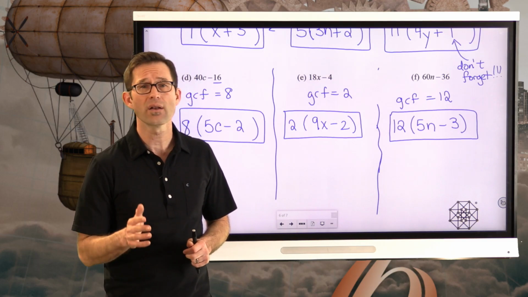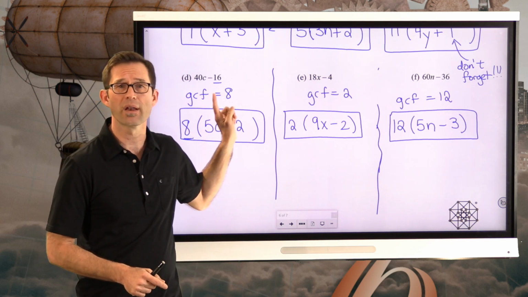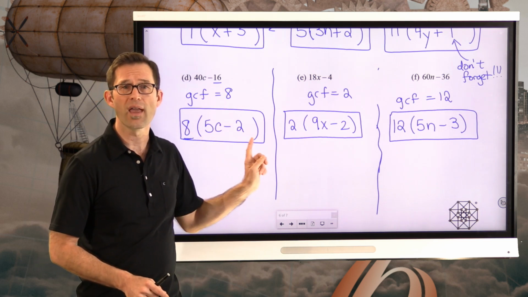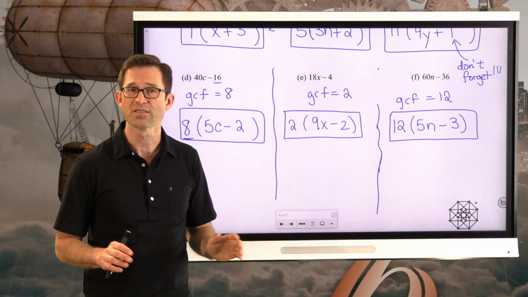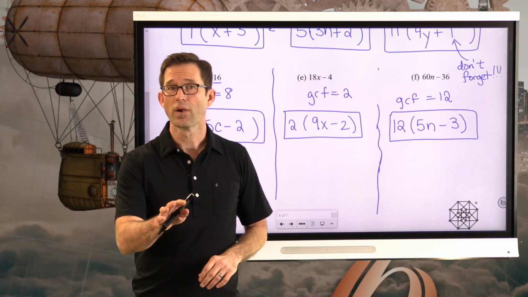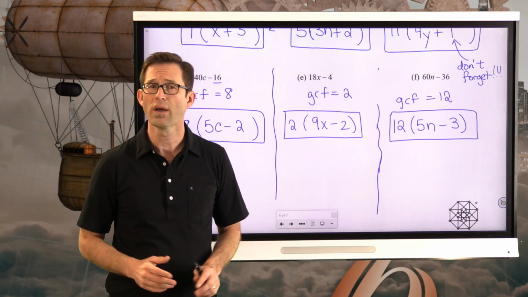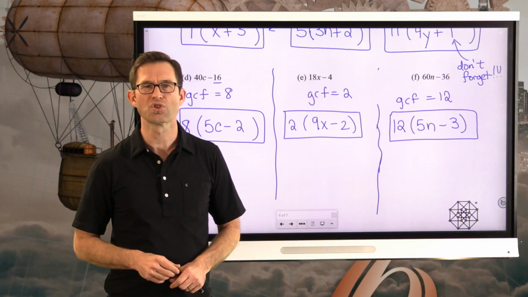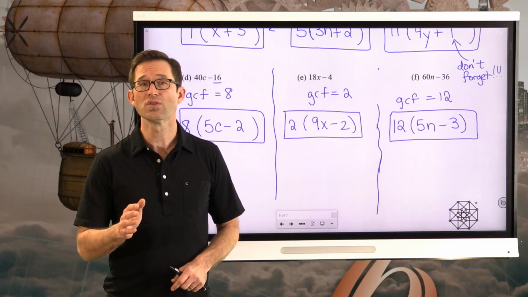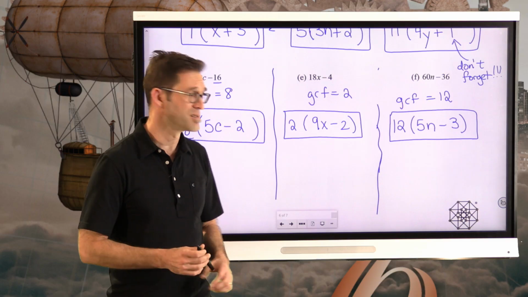By identical, I mean you give me a value of the variable and I plug it into 40c minus 16, or I plug it into 8 times 5c minus 2, they're going to be the same number. Now, it's very understandable if you say to yourself, well, if they're the same thing and they just look different, why do we even do it? We're going to get into that more, especially in the next unit. For now, let me just move on to the last slide and summarize the lesson.